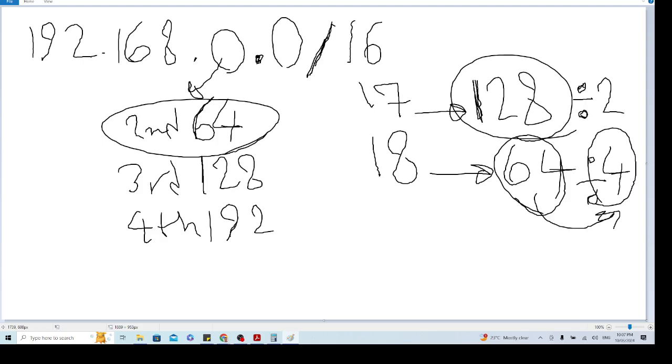Okay, so our magic number, again, get back to 64. I just wanted to show you this splitting, but still this 64 is our magic number here.